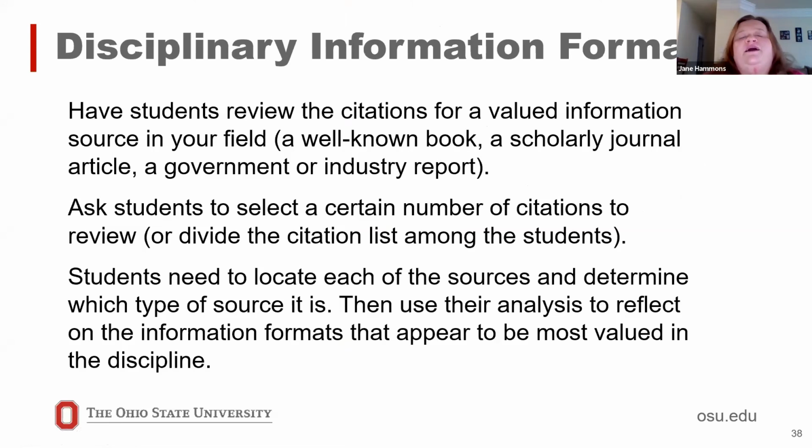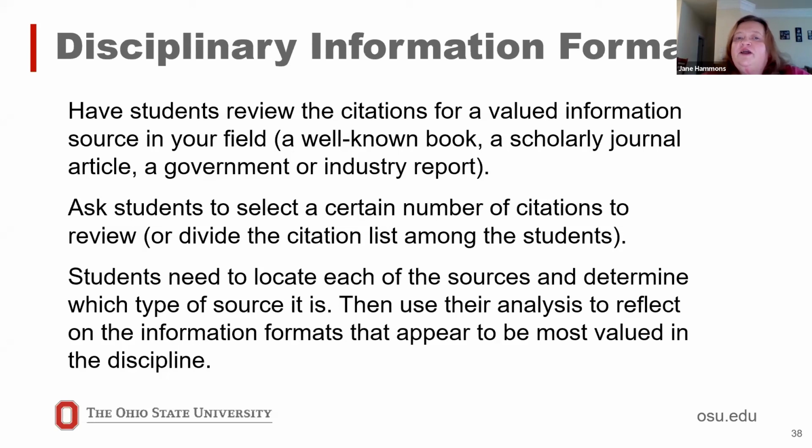I had you all take a minute to think about what you know about the information formats that are most commonly used or most commonly valued in your field. And I think an interesting assignment that could allow students to get a handle on that would be to provide students with a source, a journal article, a book, a government report, some type of source that's fairly well-known and valued in your field.